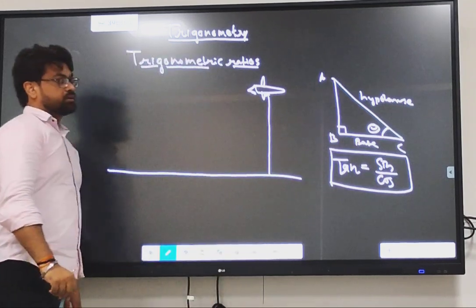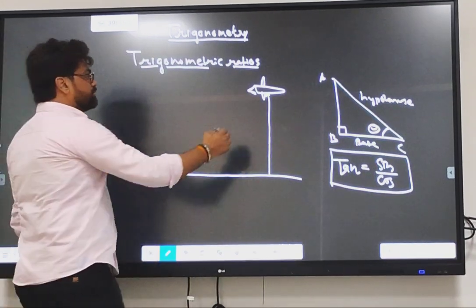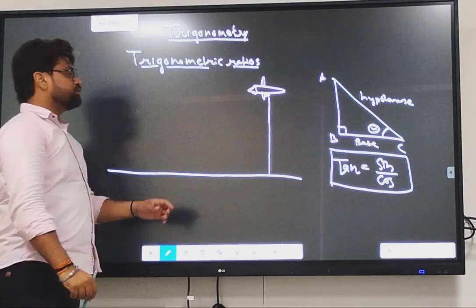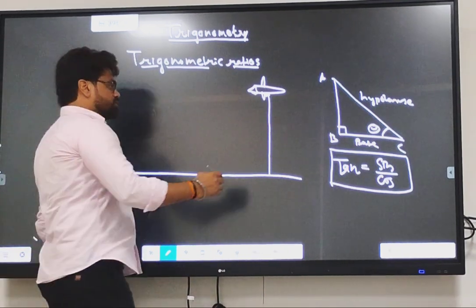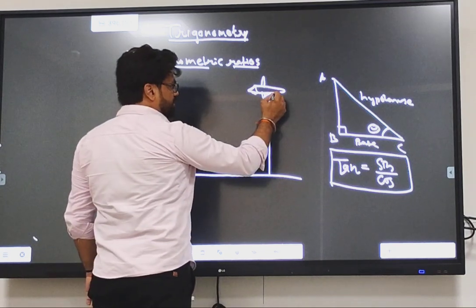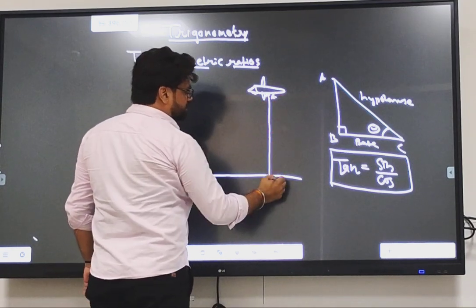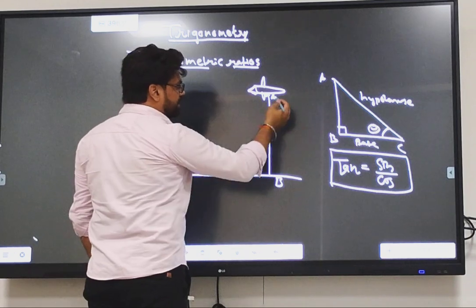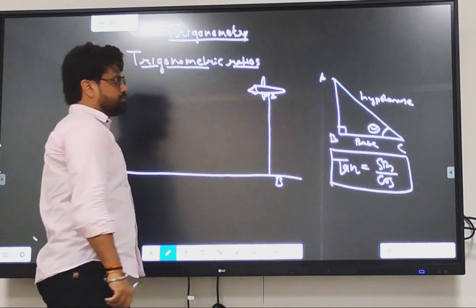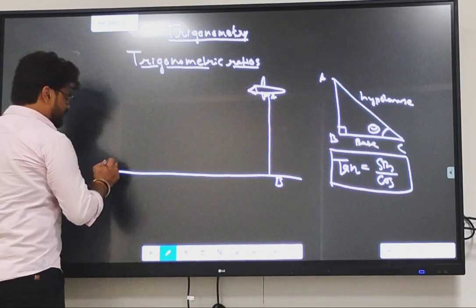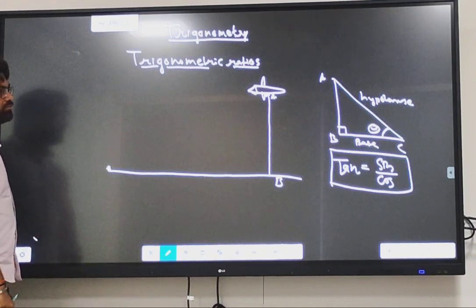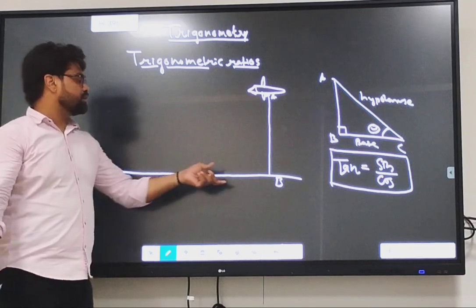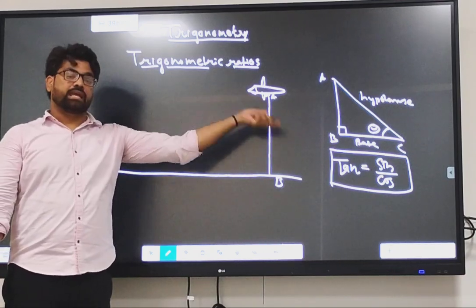This is the ground. So this is the plane flying, and we want to find the height at which the plane is flying. Okay. So suppose this is point A and this is point B, and we want to find the height of AB. What is the height of AB? And the observer is at this point. How are we going to find the length or the distance of this AB?